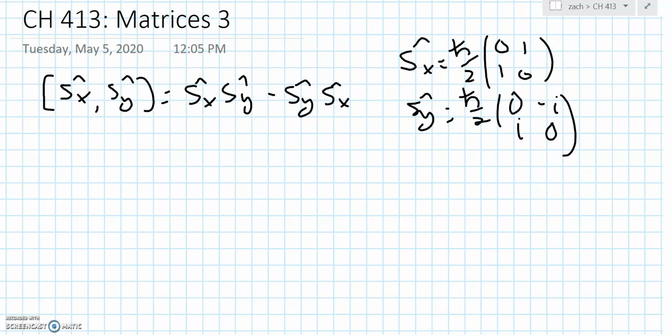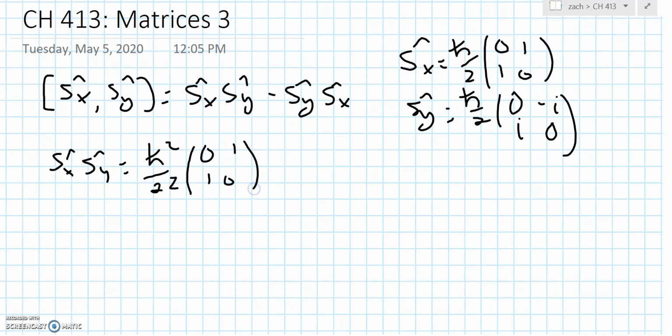Alright, so let's take a look at this. We get SY SX and SX SY. We're going to consider the first term first, SX SY. So we get H bar squared over 2 squared. I kept it as 2 squared because we're going to notice something. The matrix 0, 1, 1, 0 times the matrix 0, minus I, I, 0.